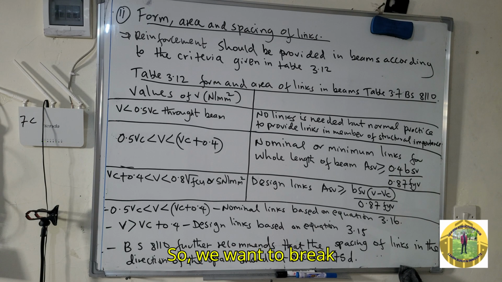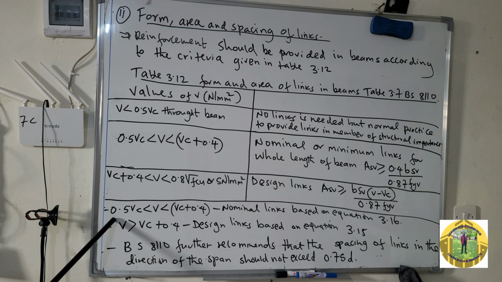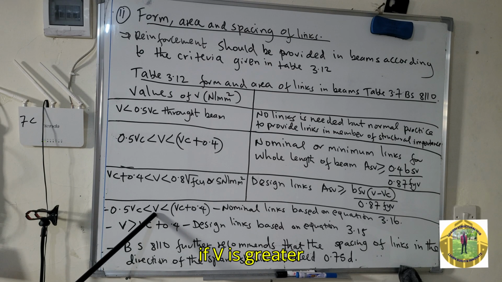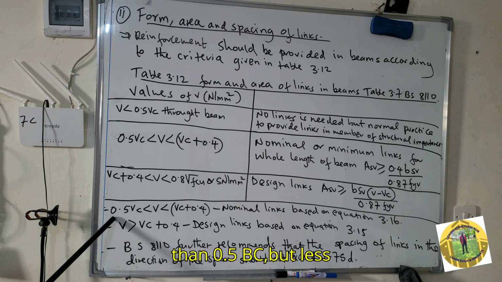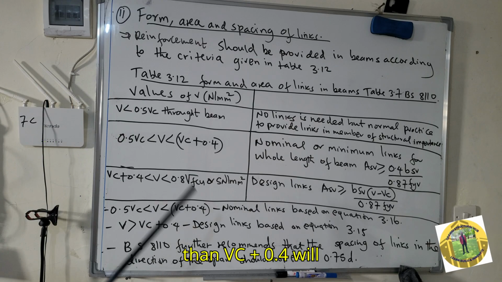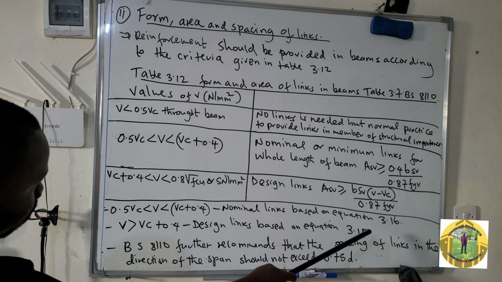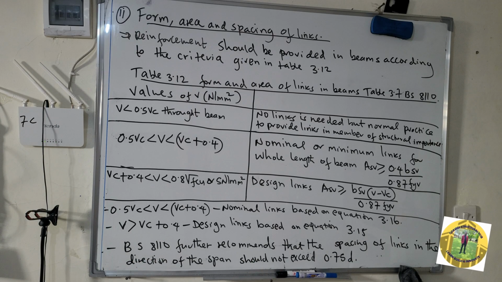So we want to break down this table. If v is greater than 0.5 vc but less than vc plus 0.4, we will provide nominal link based on equation 3.16.